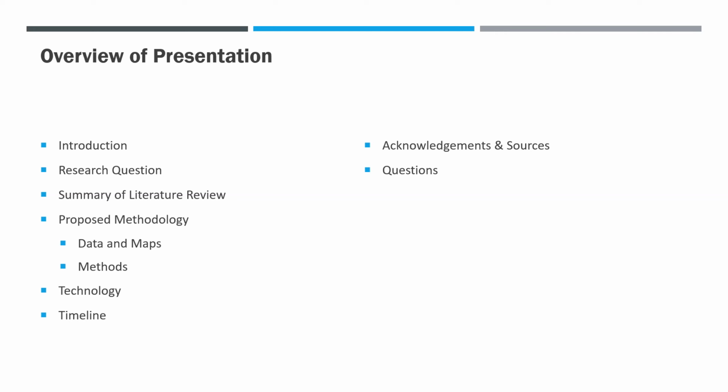I'll discuss the methods I plan to use, the technology that I'll take advantage of, my proposed timeline, give you some acknowledgements and sources that I've used, and an opportunity for questions.